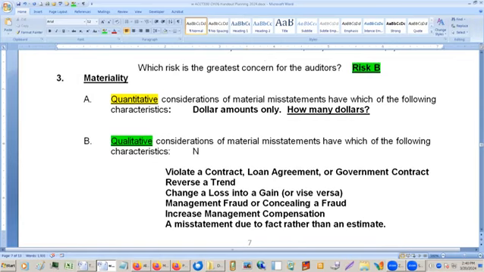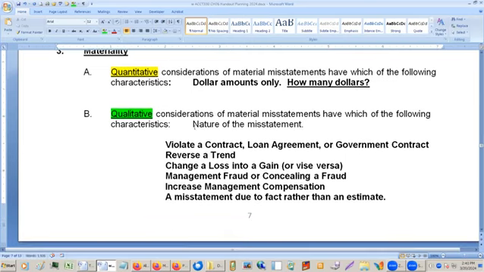this goes to the nature. The nature of the misstatement. What it is makes a difference. What the misstatement is.